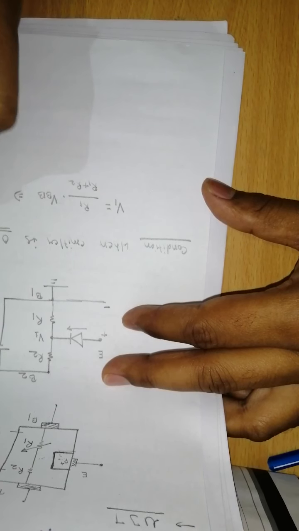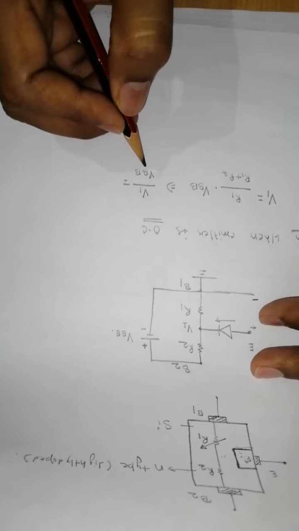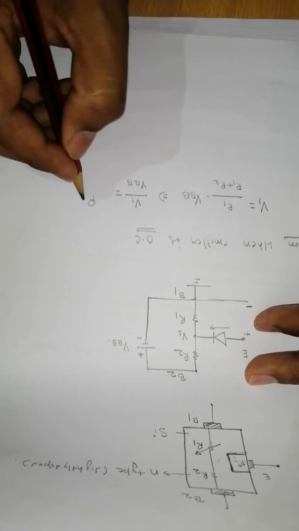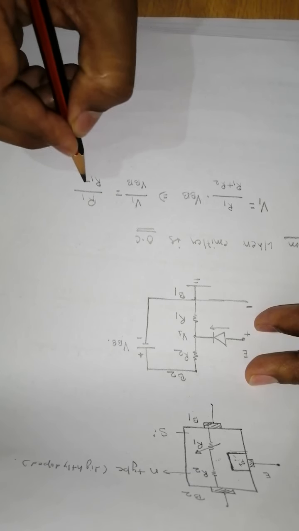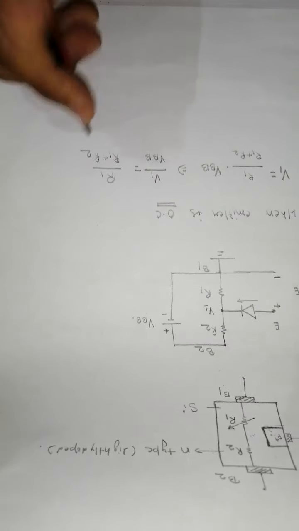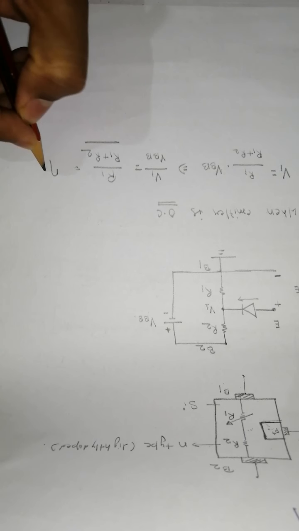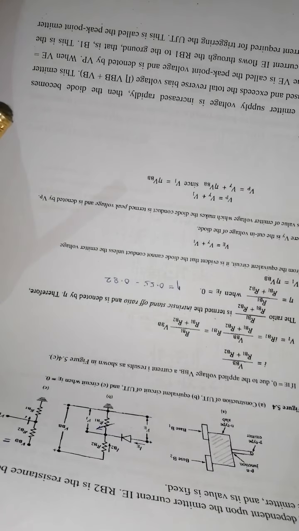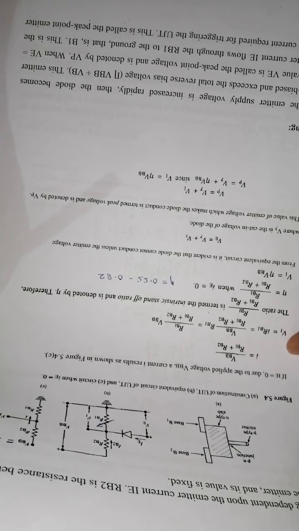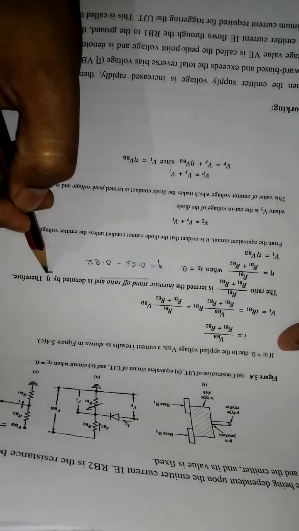Here, if we take the ratio V1 upon VBB, then this term will be represented as R1 upon R1 plus R2. And this is represented by eta, and it is known as the standoff ratio, denoted by eta.